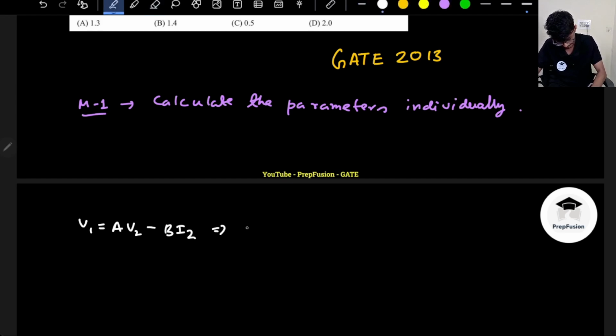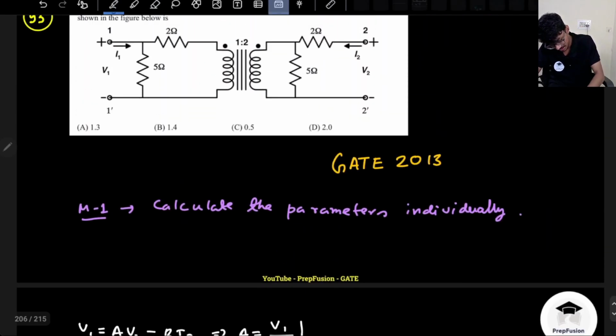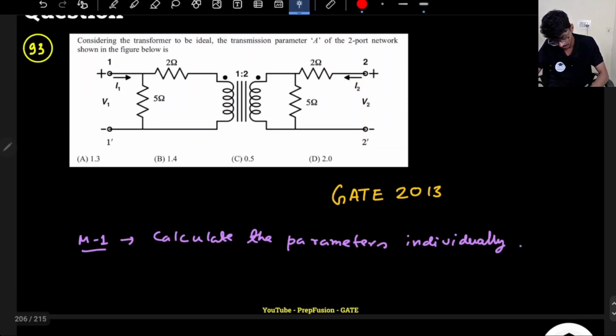So my A is equal to V1 divided by V2 with I2 equal to 0. Okay, if I make I2 0, basically this means this is open circuit, right? I2 0 means this is open circuit, so no current is flowing, so this V2 is coming across here.